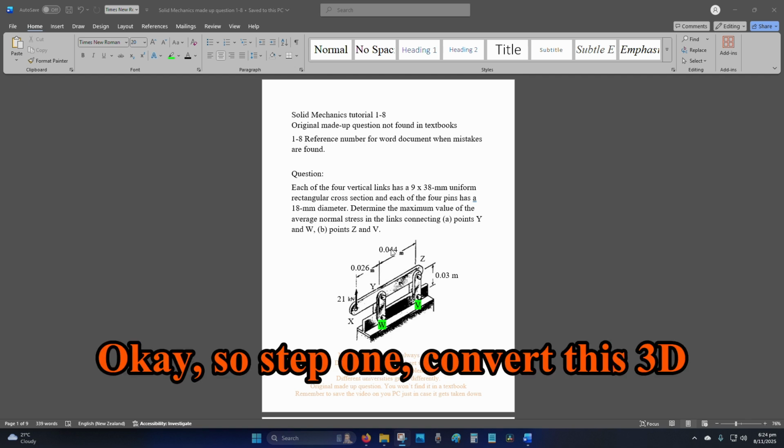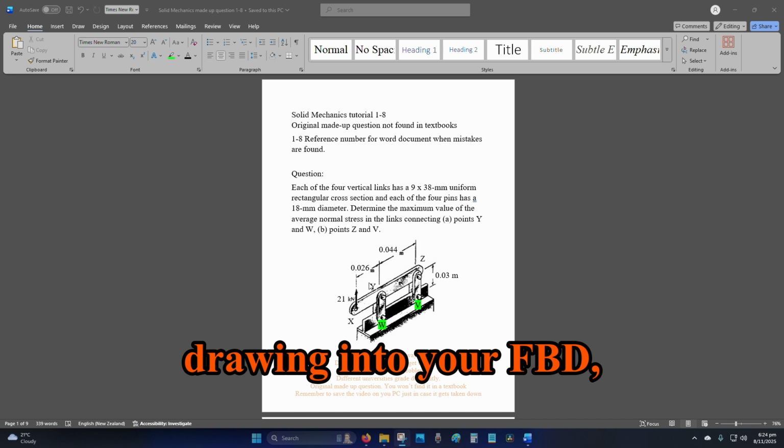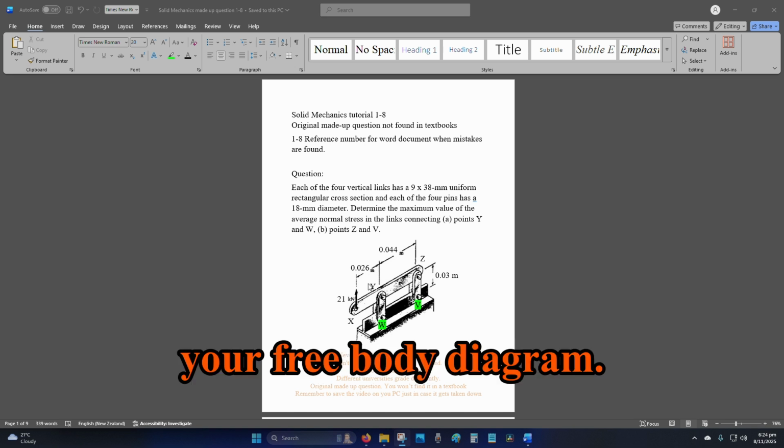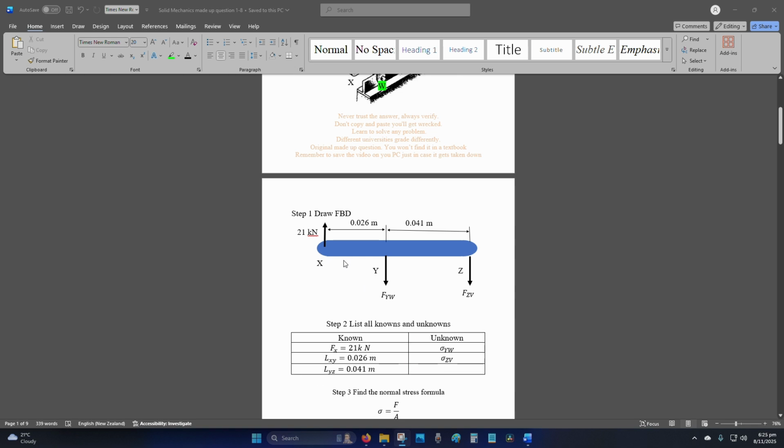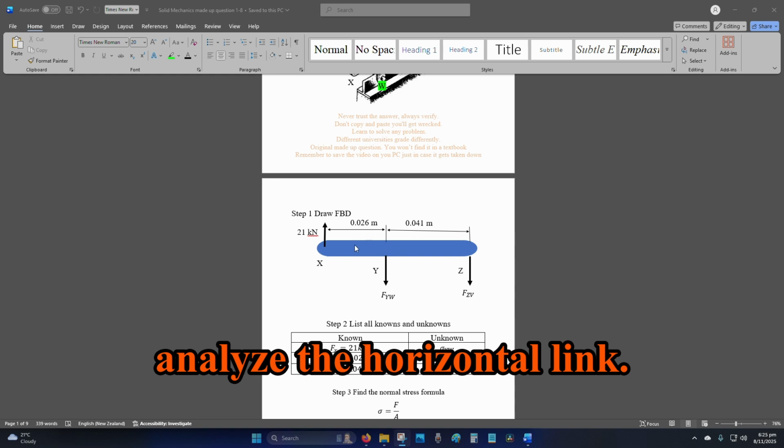So step 1, convert this 3D drawing into your FBD, your free body diagram. This will help you visualize the problem. We're going to analyze the horizontal link.